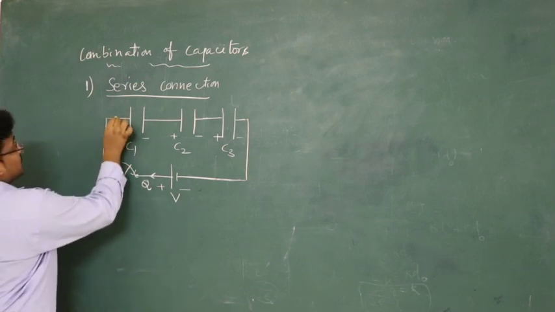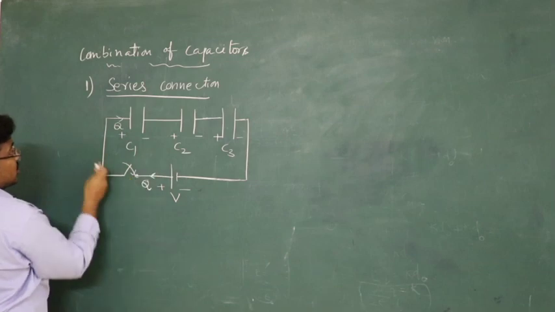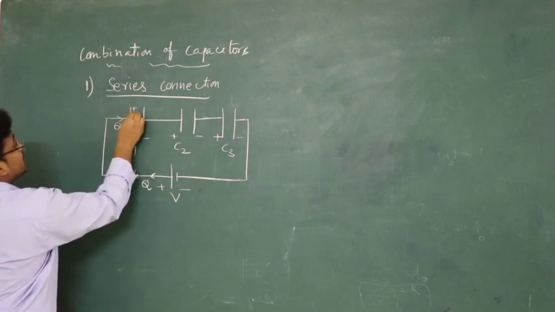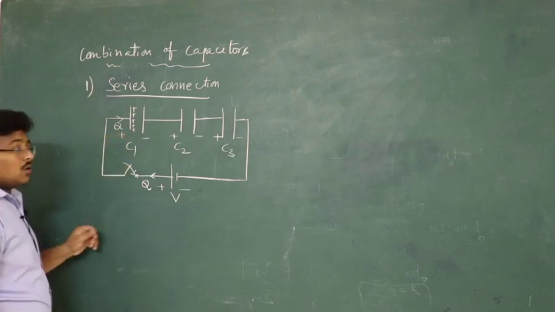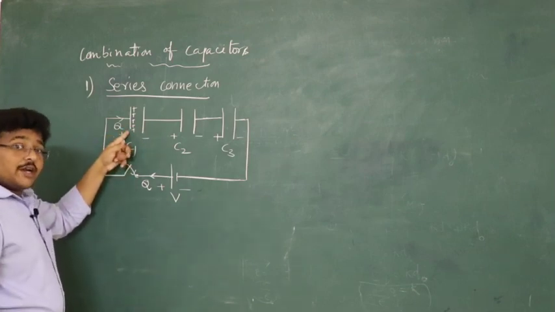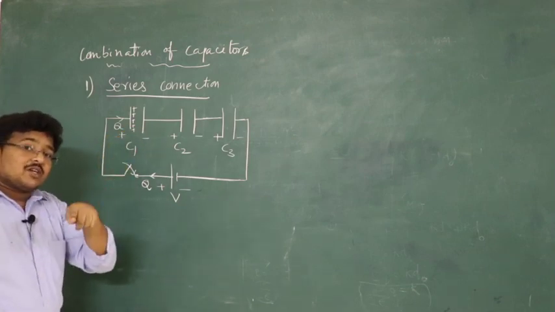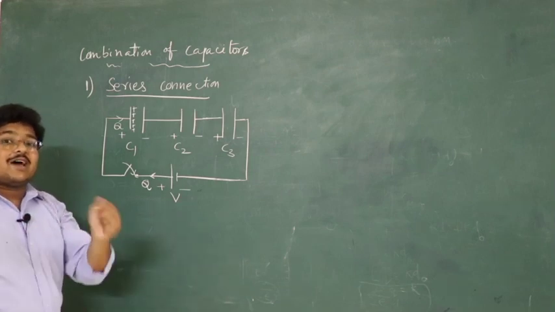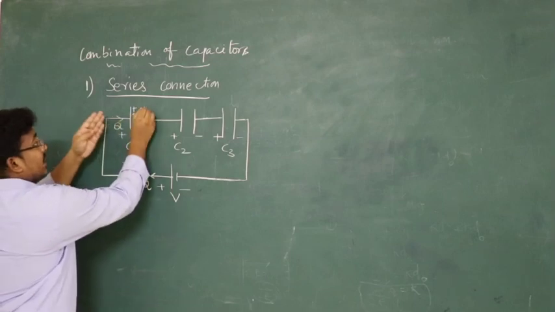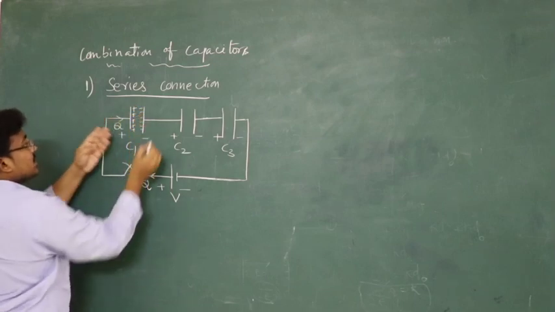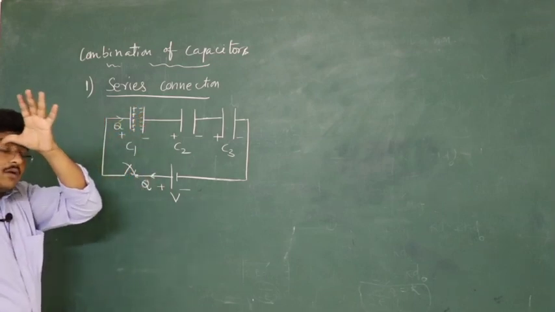So now the charge Q will be deposited first here. And we already know that for a parallel plate capacitor, the inner surfaces must have equal and opposite charges, hence this Q will be again deposited on the second plate.